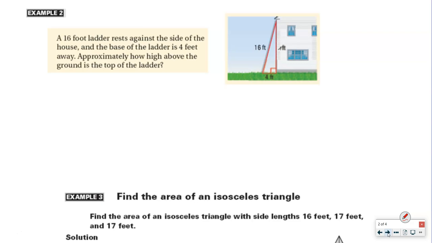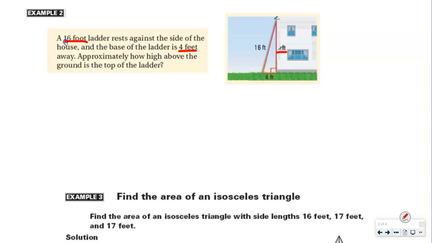All right, in this example, we have a picture of a ladder leaning up against a house. We're told it's a 16-foot ladder, and it's resting against the side of this house. The base of the ladder is 4 feet away from the house. And so we need to find out approximately how high above the ground is the top of the ladder. So we're going to represent that by x.